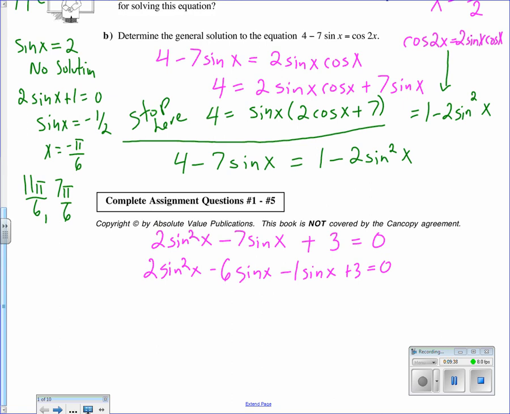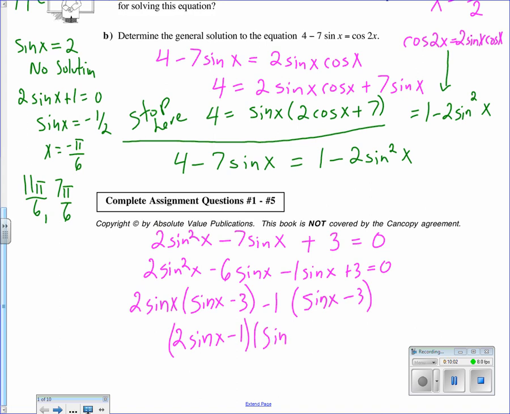So I can factor a 2 sine x out. 2 sine x, and I'm left with sine x minus 3. I have to repeat sine x minus 3, which is a minus 1. So 2 sine x, hard to remember that sign. 2 sine x minus 1 times sine x minus 3 is equal to 0.